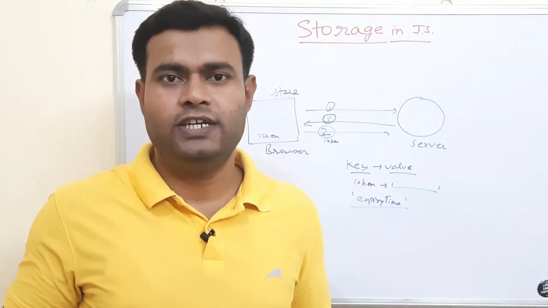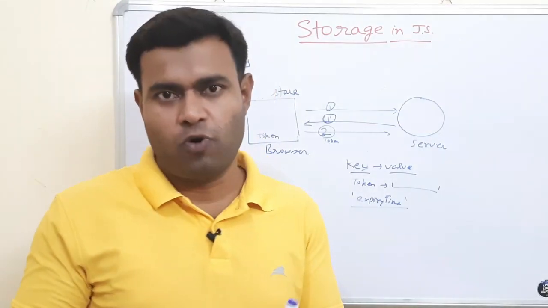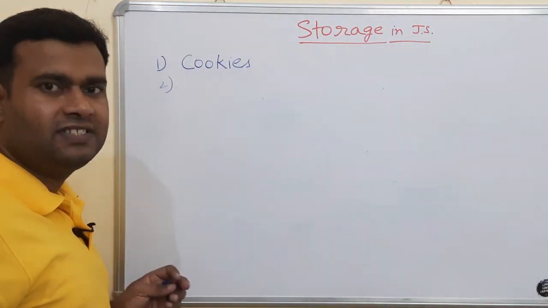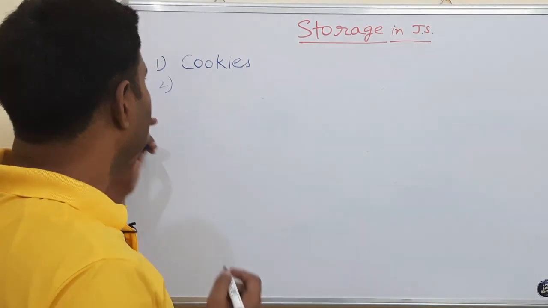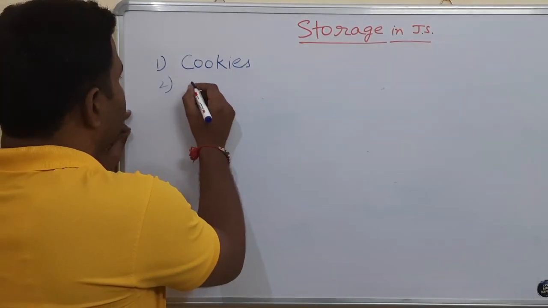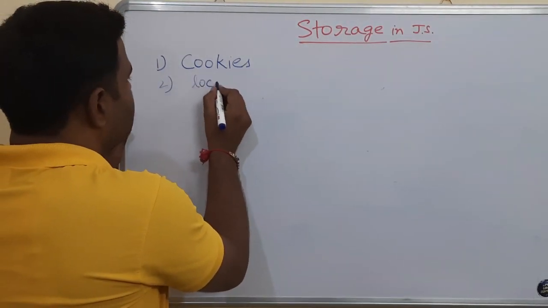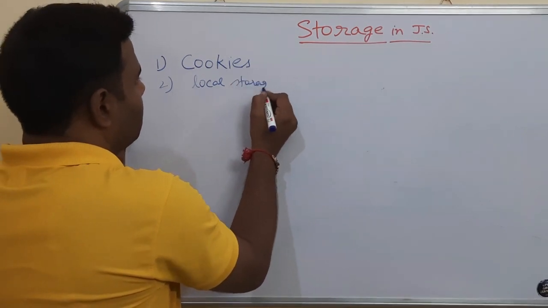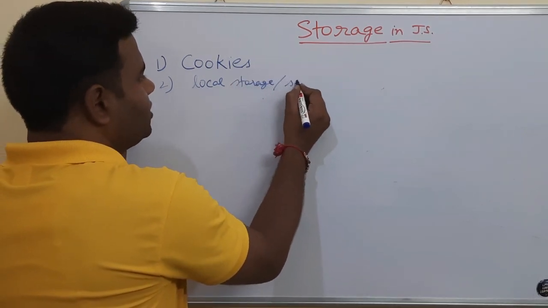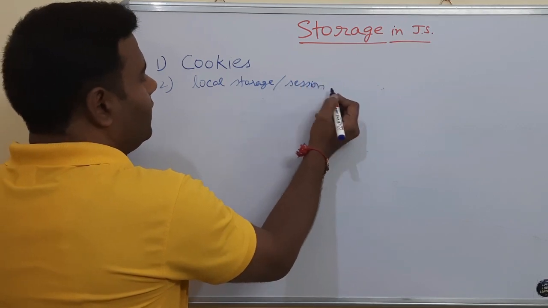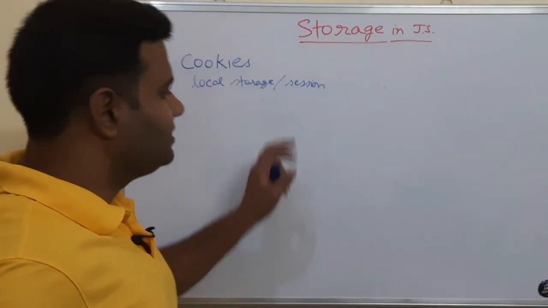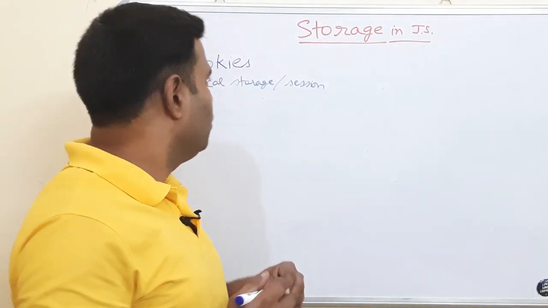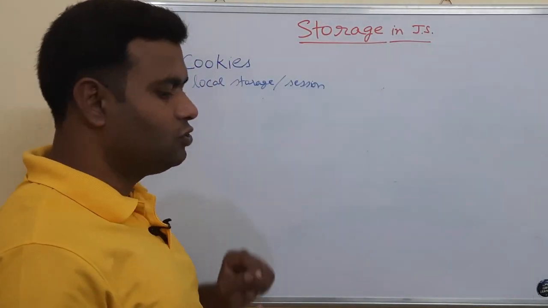That is our first storage which is provided by JavaScript. Let's see the second storage. Our second storage are local storage and session storage. Now these storages exist in the browser, so let's first understand local storage.